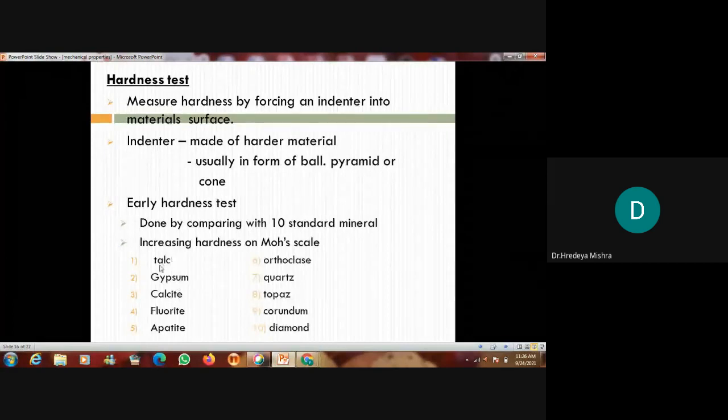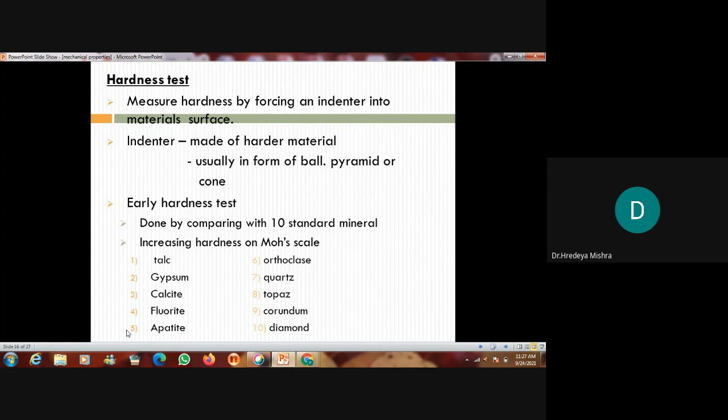Now see, these are the materials. The hardest material in the world is the diamond, and another hard material is glass. Most of the time, a hard material also has brittleness.